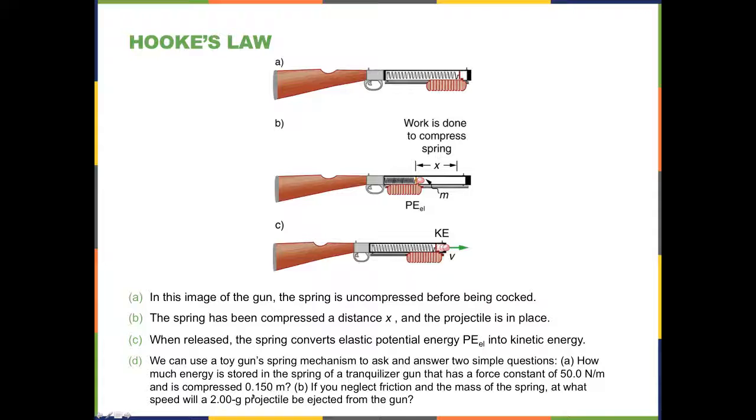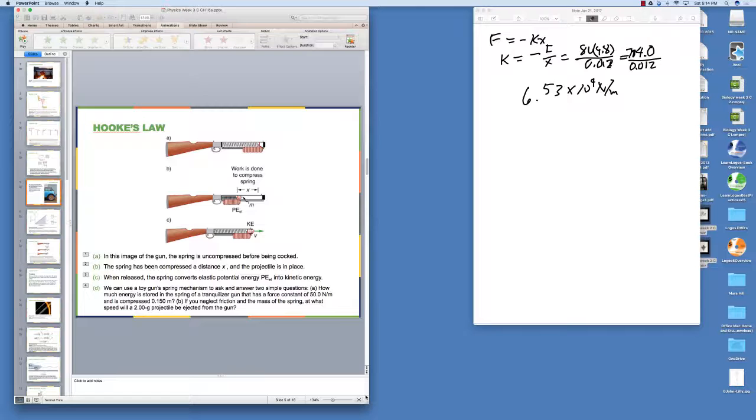Then, if you neglect friction, whatever answer you get for this stored energy is going to then be converted into kinetic energy to fire this 2-gram projectile from the gun. So let's look at how we would do that.